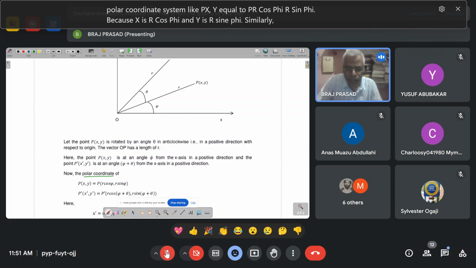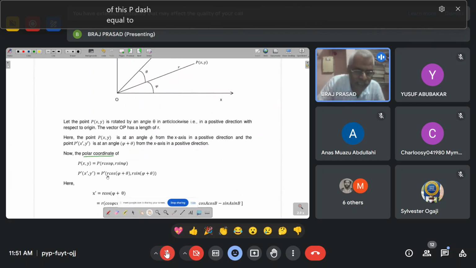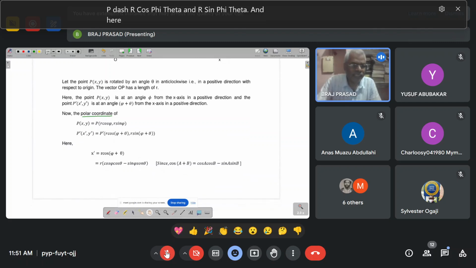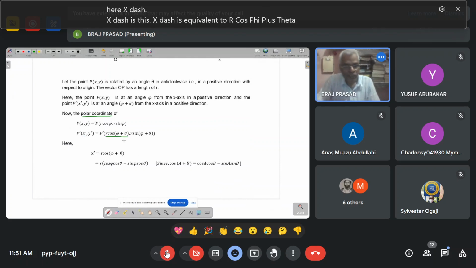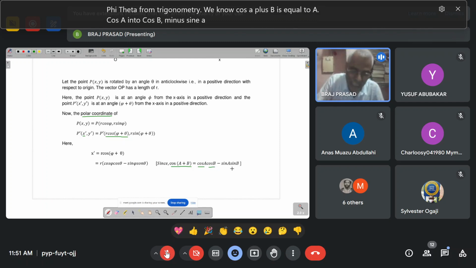Similarly, the coordinate of this P dash is (r cos (phi plus theta), r sin (phi plus theta)), and here x dash is equivalent to r cos (phi plus theta). From trigonometry we know cos (a plus b) is equal to cos a into cos b minus sin a into sin b.